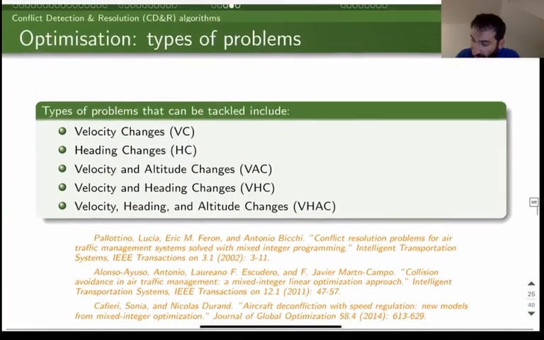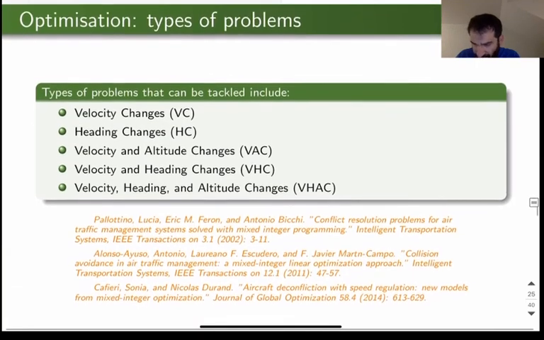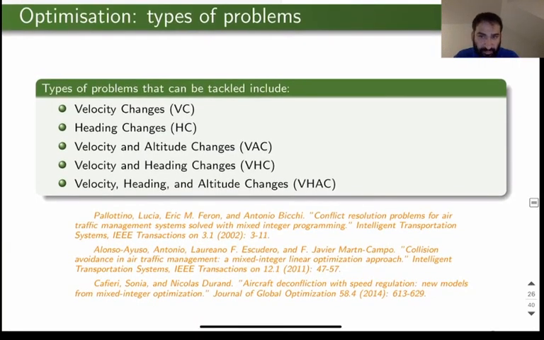Now, if we focus on optimization, we were seeing that if we detect a conflict, we have three ways. The controller has three ways of solving the conflict: speed, heading, or vertical advisory.